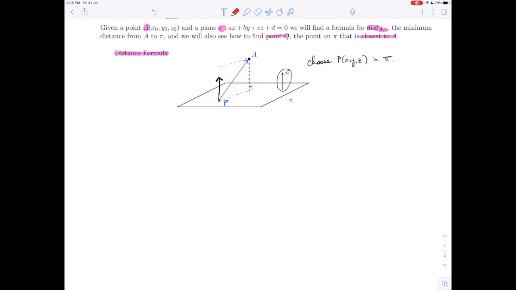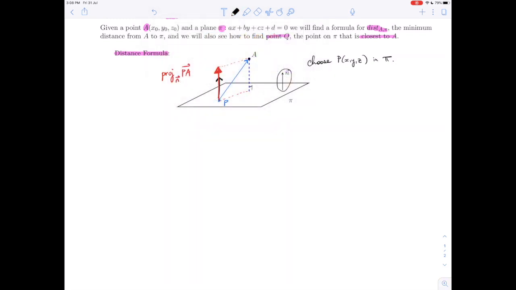We are going to take our vector PA and we are going to project it over. And you can see here, my vector in red is going to be the projection of PA onto the normal vector. And so that is going to scale the normal vector so that it is the same length as the distance that we are looking for.